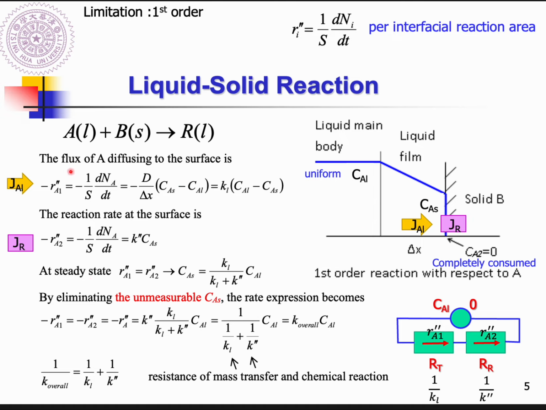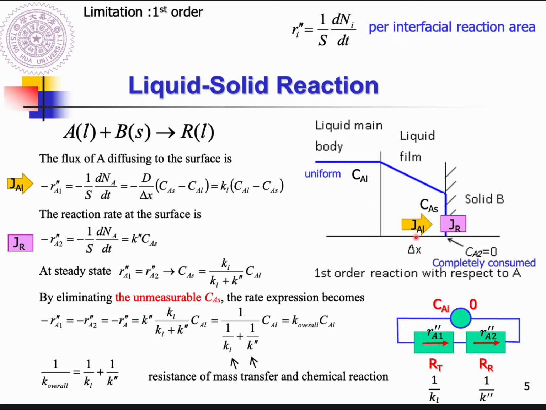So the following step is, based on this clue, we can substitute CAS in terms of CAL, which you know because this is the concentration of reactant A in the liquid phase in this reactor.